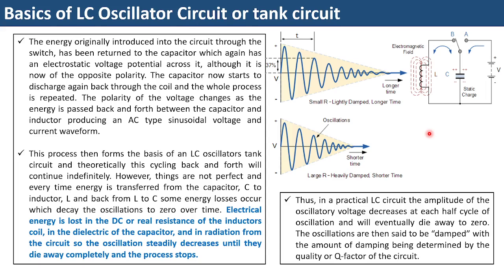Why does this actually happen? Theoretically this should not have happened, but in practical sense this happens because electrical energy is lost in the DC or the real resistance of the inductor's coil. Already I said that we have assumed that inductor coils have no resistance, but in reality inductor coils have some kind of a resistance. So whenever current flows through that, it offers some resistance to the flow of the current.